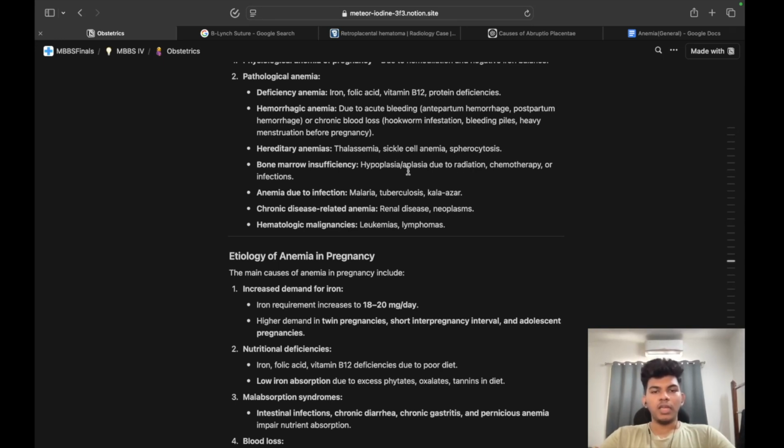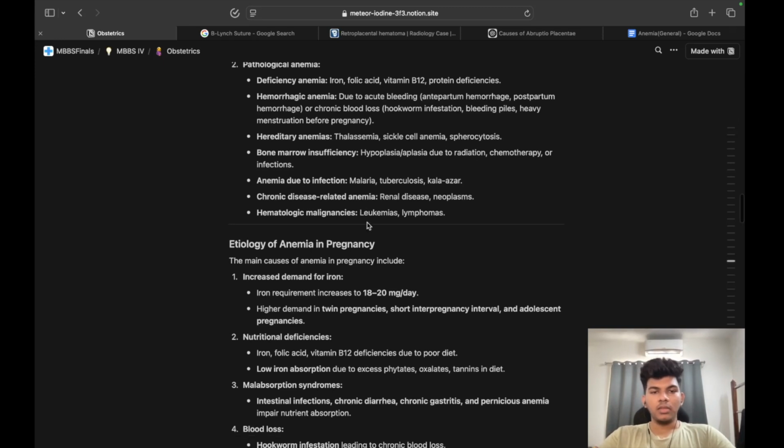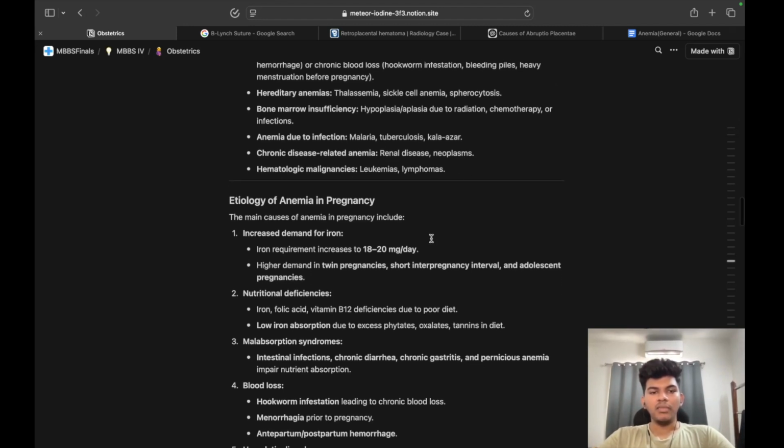Bone marrow insufficiency: hypoplasia, aplasia due to radiation, chemotherapy and infections. Due to infections, a separate section: malaria, TB, Kala Azar. Chronic disease related: renal disease, neoplasms. Hematological: leukemias and lymphomas.